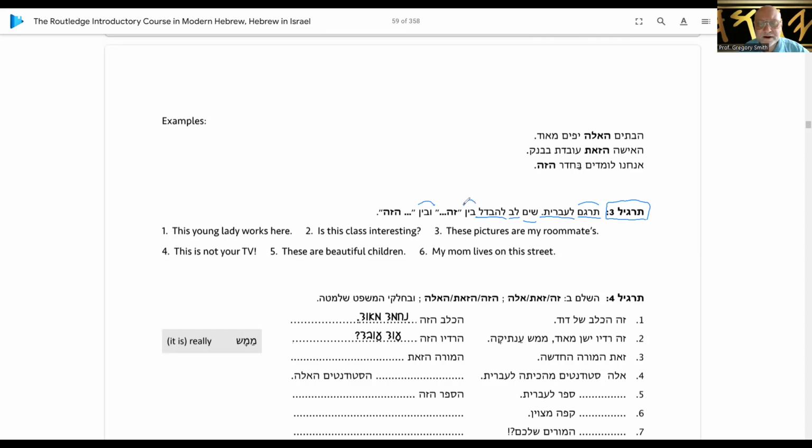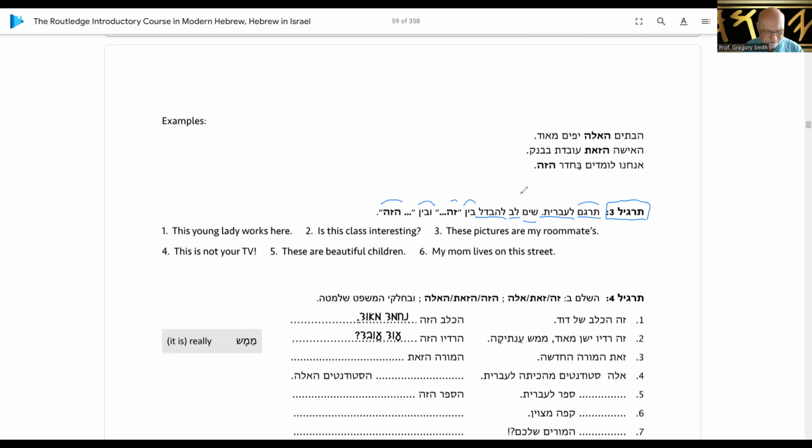So note the difference between zeh and hazeh.